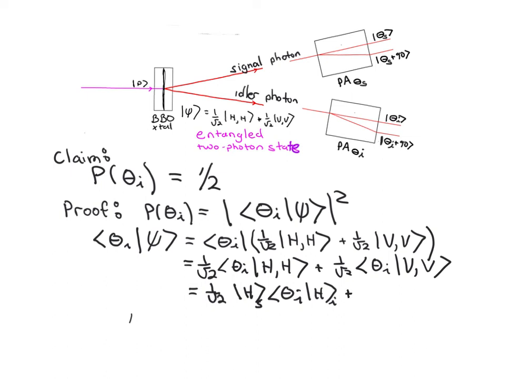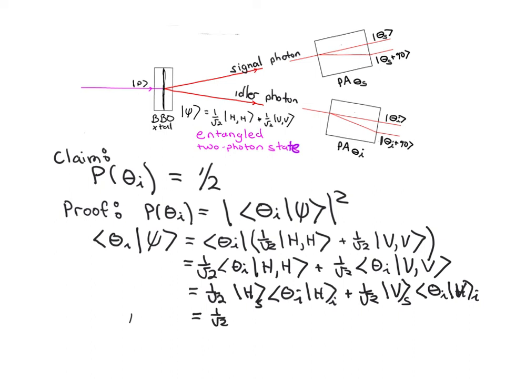And we can do the same thing with this other term. I have 1 over the square root of 2, and now I'm going to have a V associated with the signal photon, and then this inner product of theta sub I times H associated with the idler photon. Whoops, this should clearly be a V here.